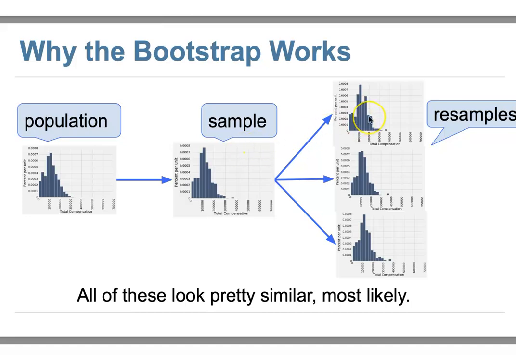The distribution of the resamples will look pretty similar to the original sample. That's why, using all the resample data, we can come up with the empirical distribution and give a confidence interval for the parameter in the population.